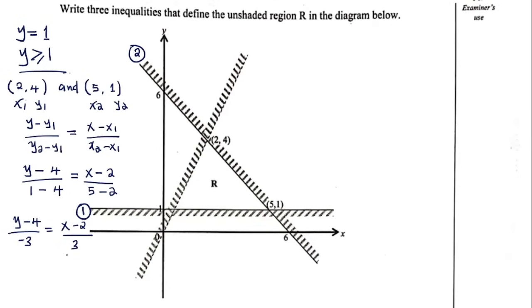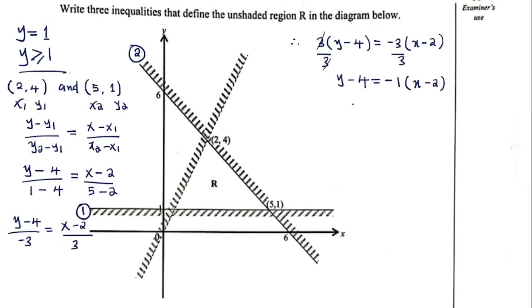So at this stage we're going to cross multiply, where we shall now say that 3 is multiplying y minus 4, being equal to negative 3 multiplying the x minus 2. You can divide by 3 both sides before you even multiply. So it will be y minus 4 being equal to negative 3 divided by 3, we're going to have negative 1, then x minus 2.